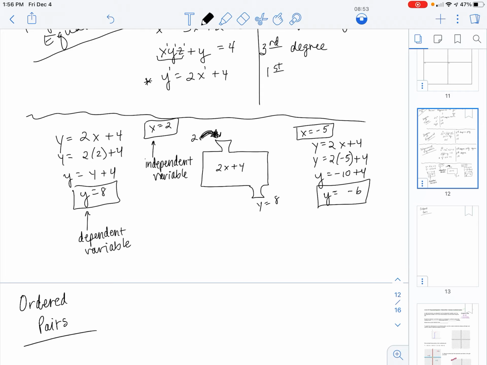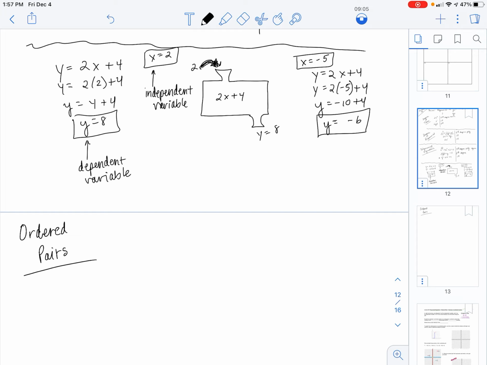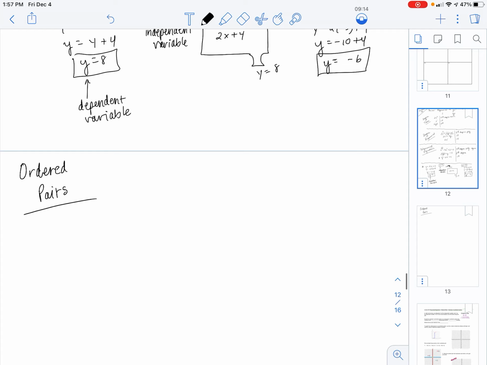And keep in mind that there are all kinds of values that I could throw in for x, and I would get another y value, right? A lot of different solutions can make this equation true. And we know that a couple of them are 2 and 8. And we also knew by putting in the -5, we now have another ordered pair. I could continue to throw all kinds of x values in there and get all kinds of y values. And remember, we use those to plot a line. Okay? An ordered pair has an x value and it has a y value.